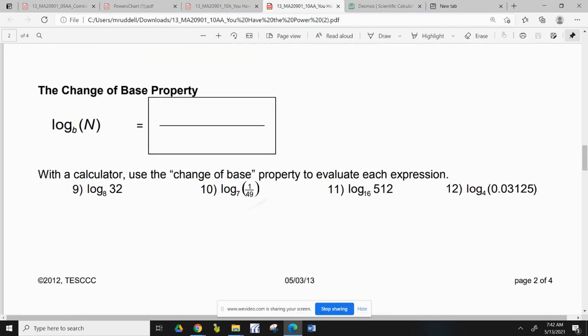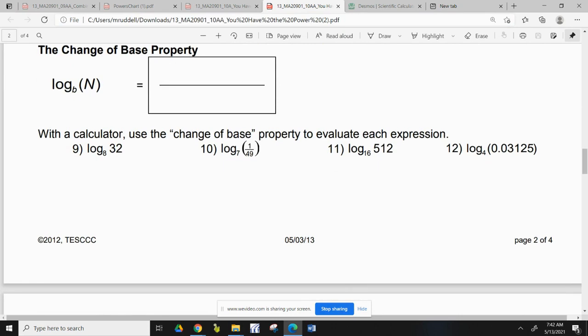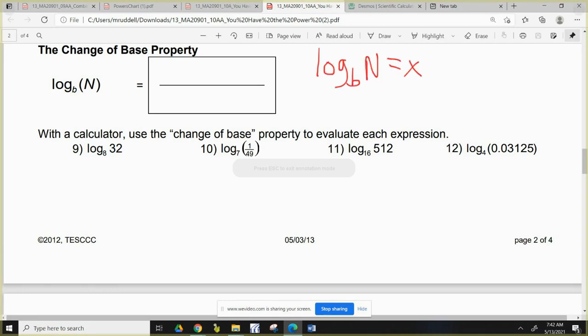Change of base property. With a calculator, use the change of base property to evaluate each expression. If we were taking this one, you're going to divide by that base. This would be the same thing as if we had log base b of n equals x.